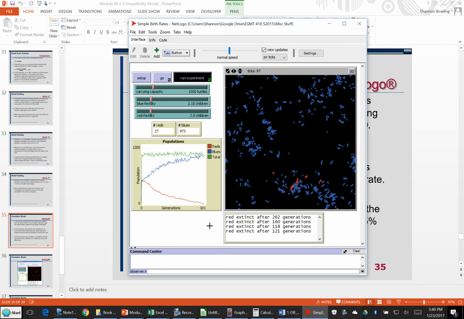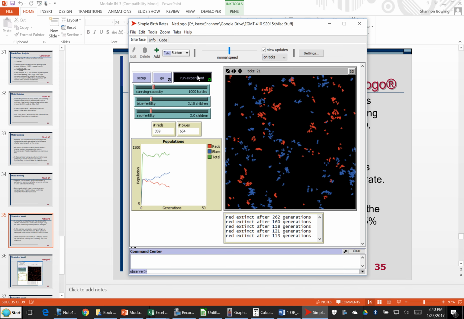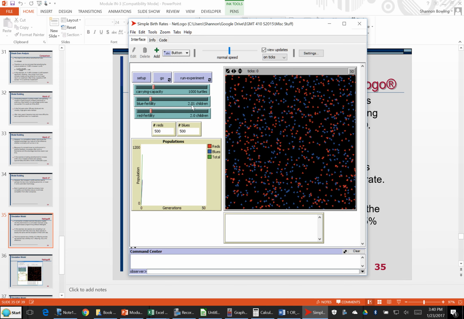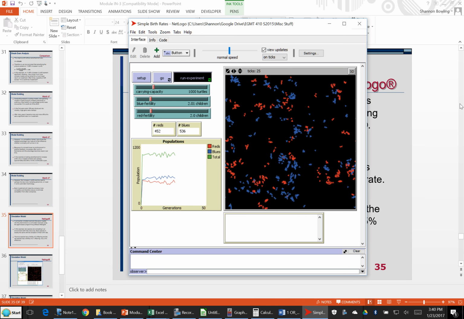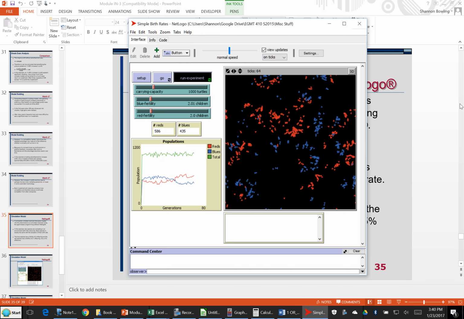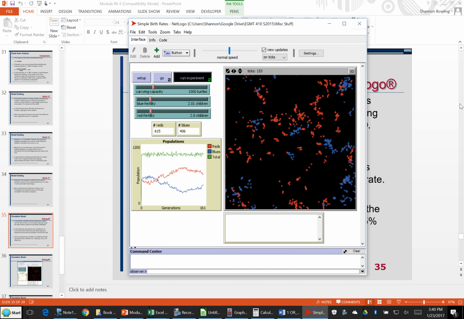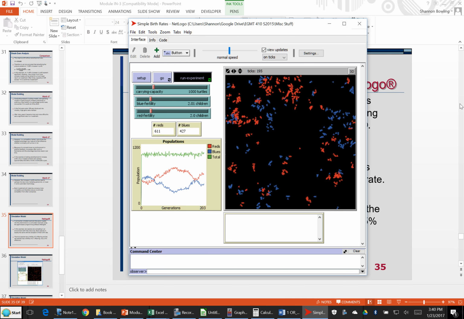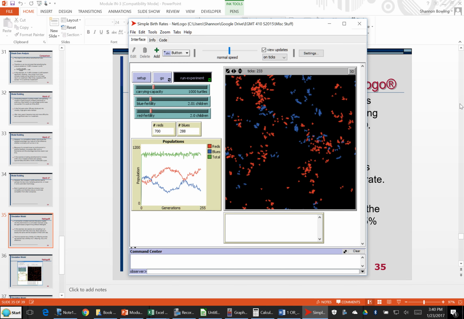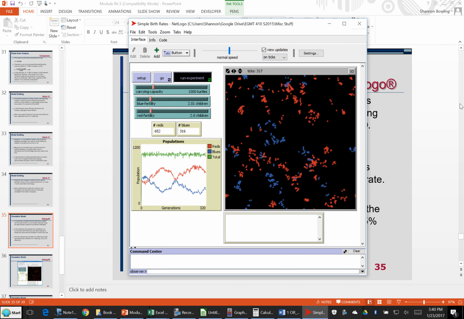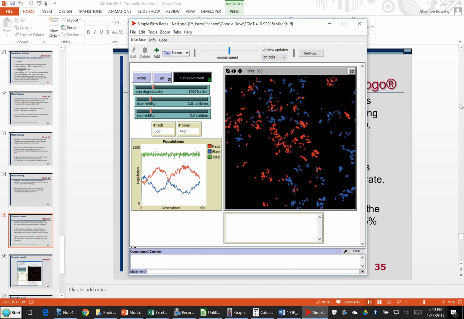So let's go in now and make this fertility, instead of 2.1, let's make it 2.01, which is the slightest competitive advantage. And look what happens. Well, it looks like the red is going to win, and sometimes it will, just through random variation.